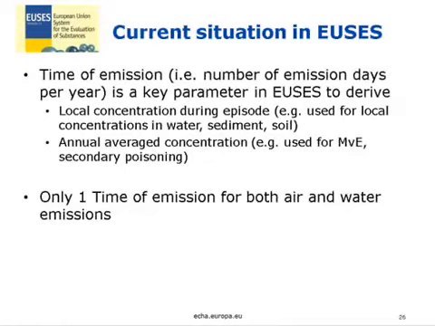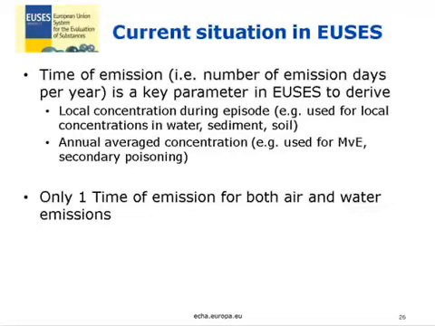It is used for the derivation of the local concentration during episode, which is used for the PEC water, PEC sediment, and even soil PEC calculation, and of an annual average concentration, or PEC annual, which is used, for example, for secondary poisoning, and so on. Both need to be calculated, and both are calculated by time of emission.